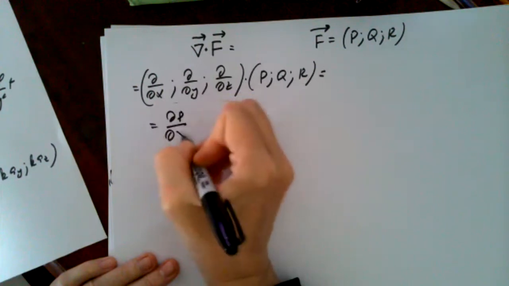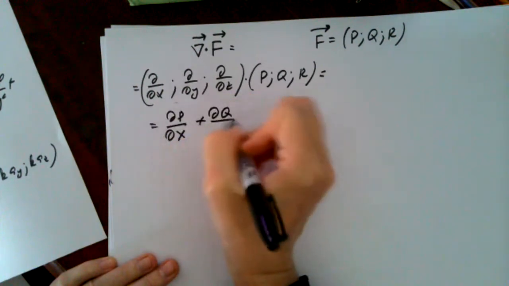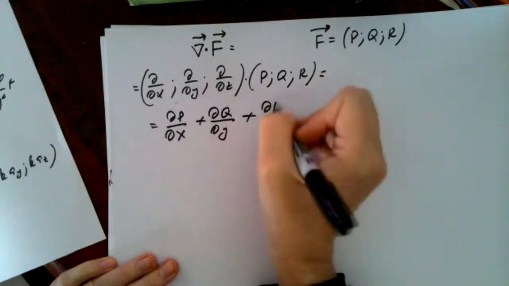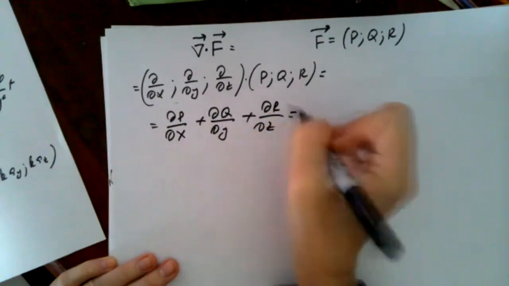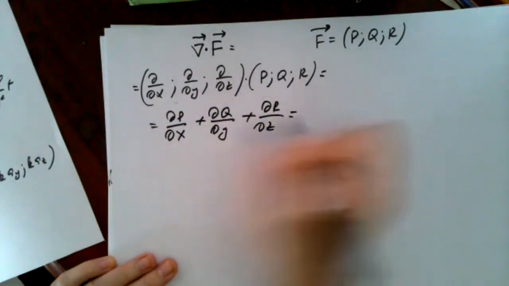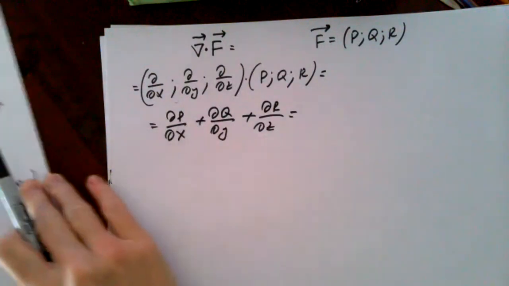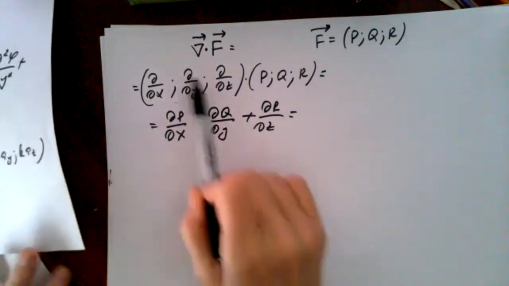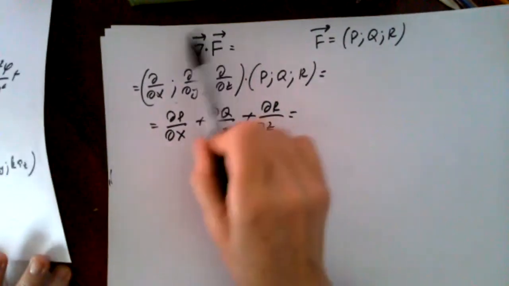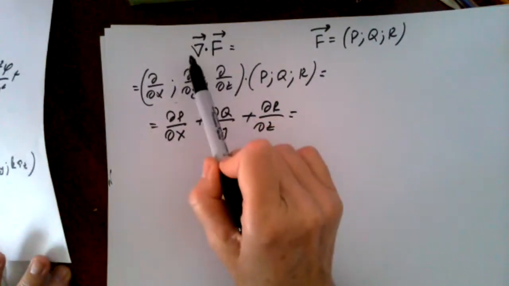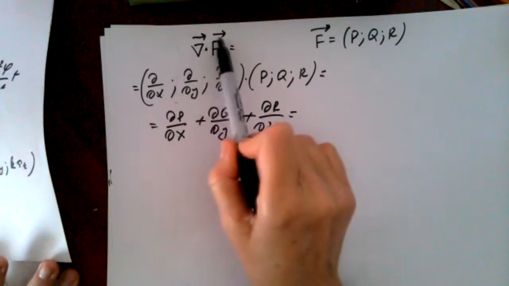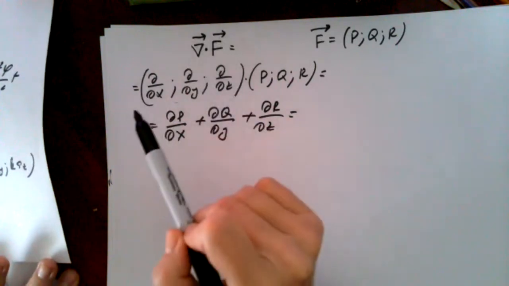So it will be dp over dx plus dq over dy, and finally dr over dz. That's it. Maybe you recognize divergence in this, but maybe not. It doesn't matter. We are not discussing these concepts now, divergence or gradient or whatever. We are discussing how to deal with this nabla operator once again, even though we discussed it in the past, because sometimes the notation might be very confusing.